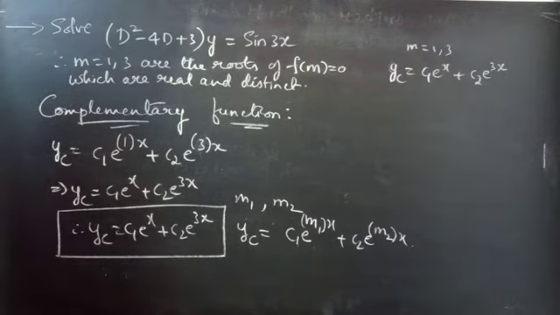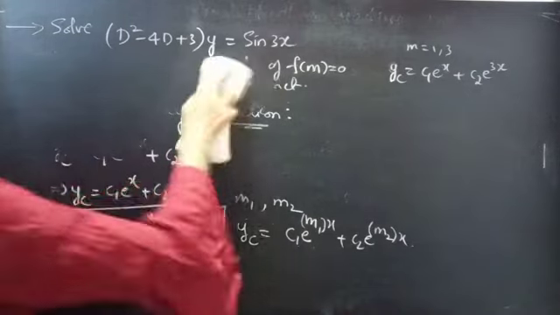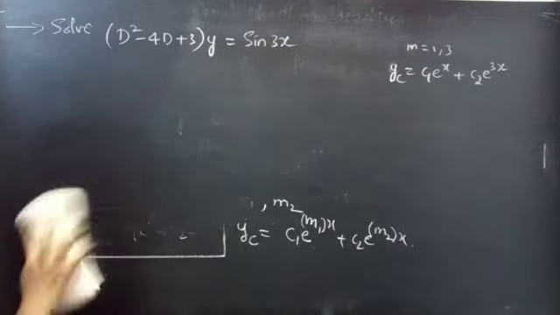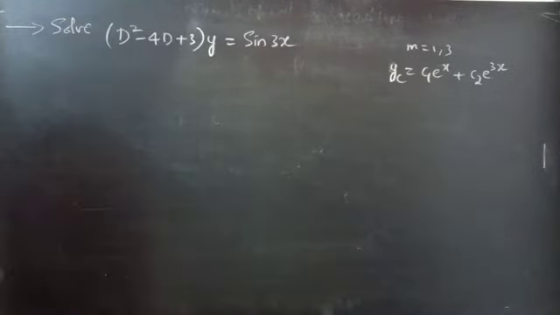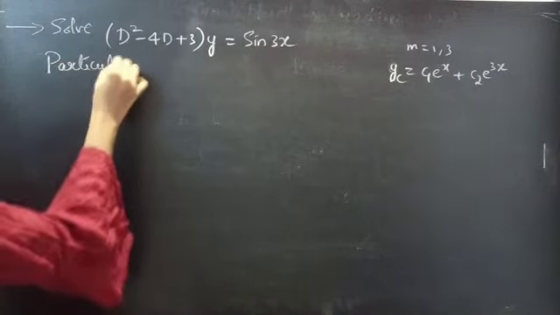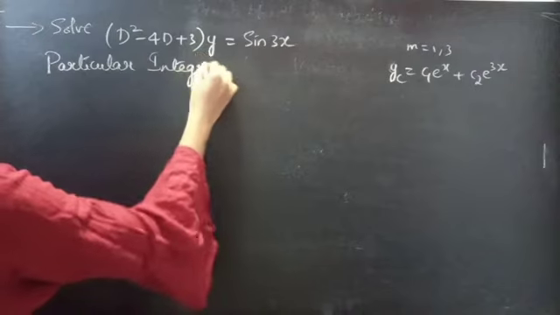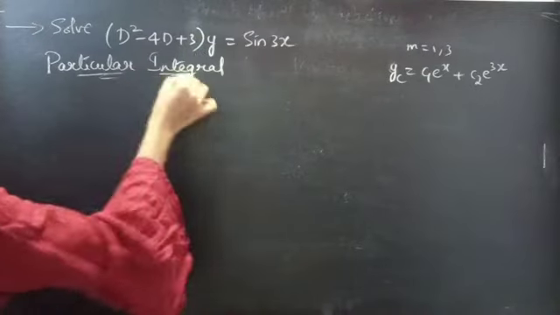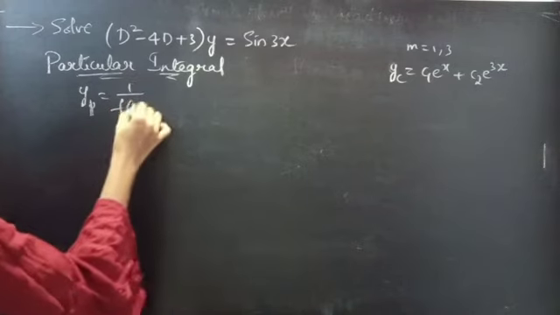Now we can find particular integral. We know that particular integral is given by yp equals to 1 by f of d into q.